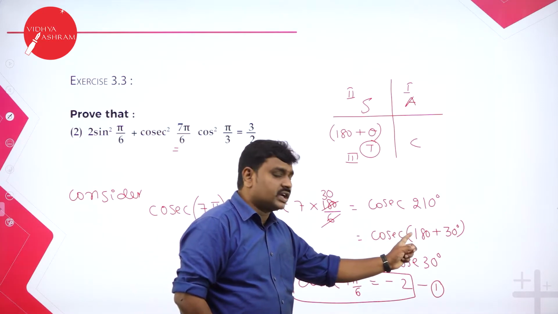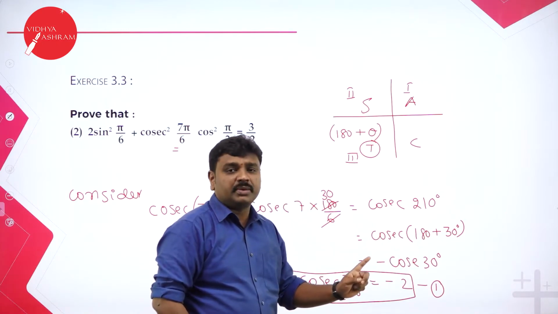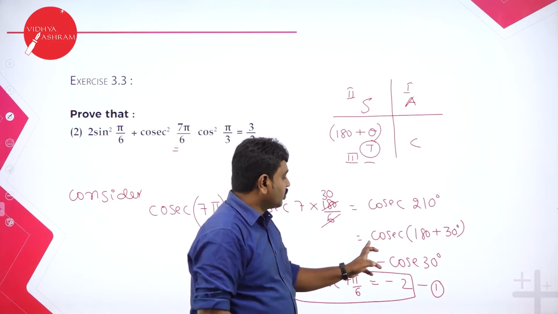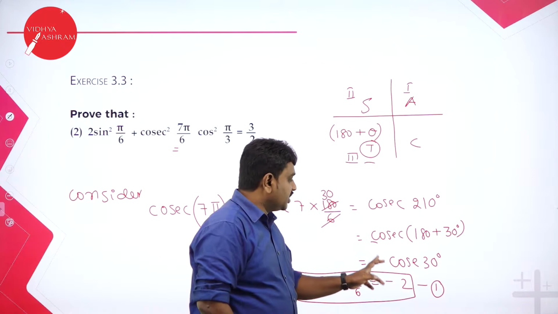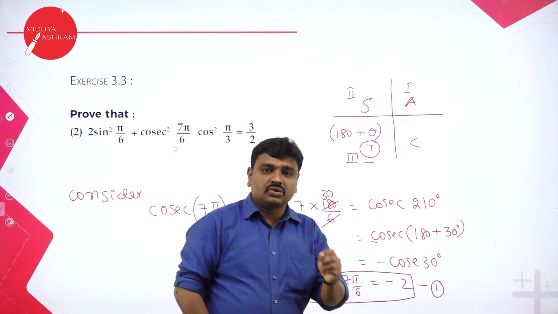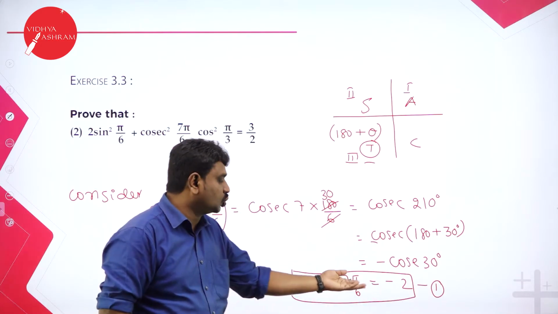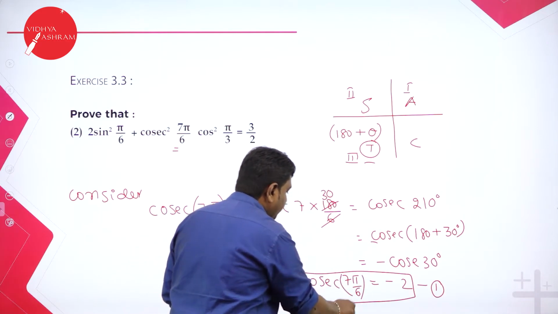So cosecant of 180 plus theta is the same as cosecant theta, with theta as 30. 180 plus theta lies in the third quadrant. In third, the alphabet is T, but our question is cosecant, it does not match. So minus cosecant 30. Cosecant is the reciprocal of sin. Sin 30 is 1 by 2, cosecant 30 is 2. So we got it. Cosecant 7 pi by 6 value should be found separately.